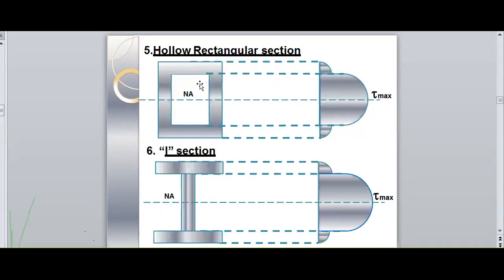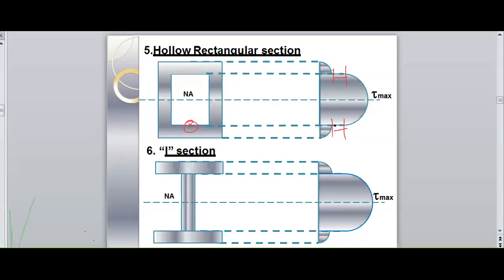And for a hollow rectangular cross section, the diagram will be somewhat like a D. So up to here it will be a curvature and again a curvature. We can see a vertical line at this point.